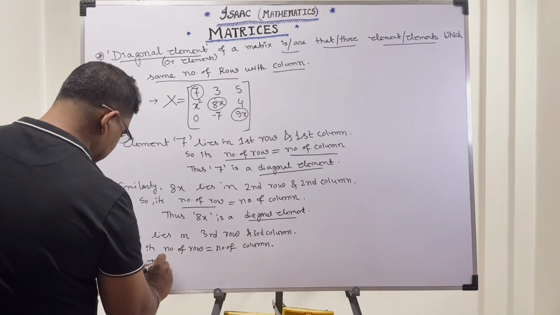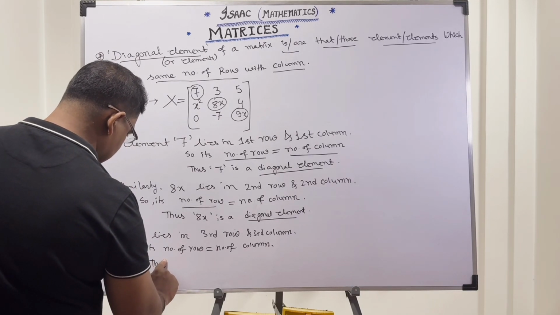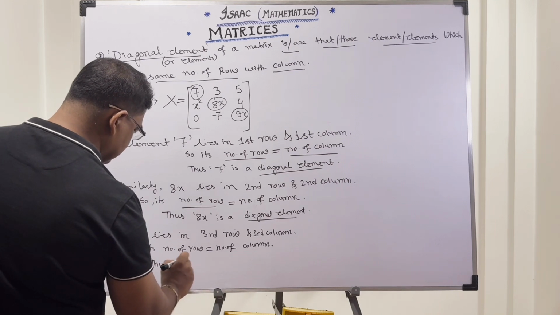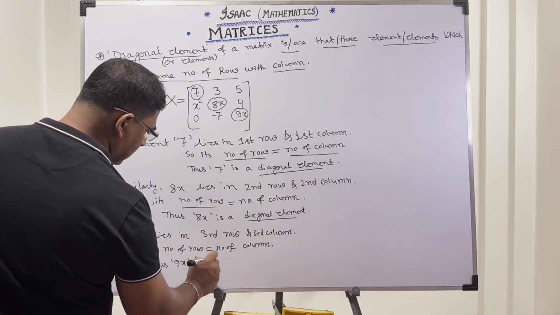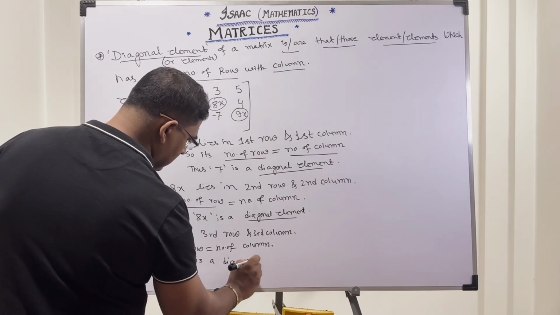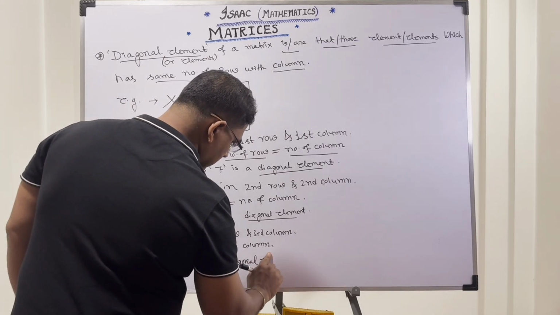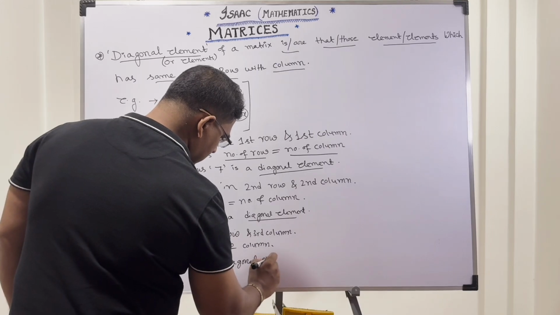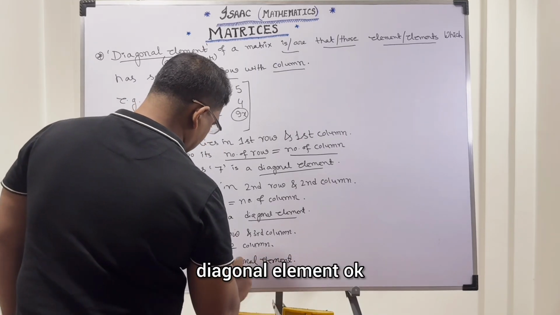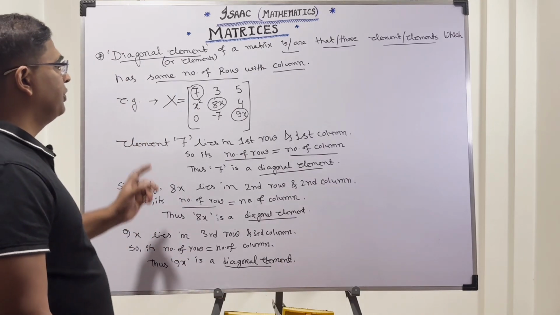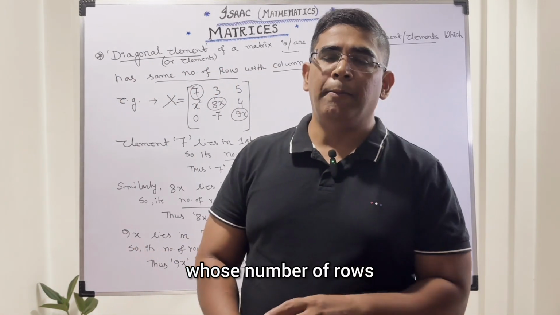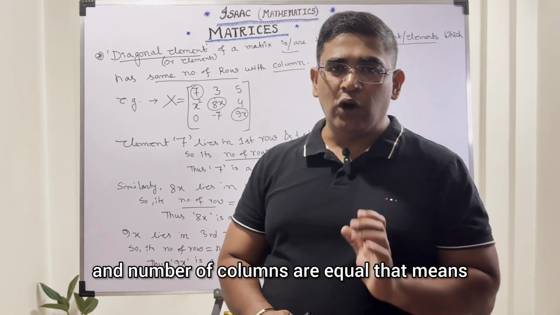Thus 9x is a diagonal element. Okay, so the elements of a matrix whose number of rows and number of columns are equal.